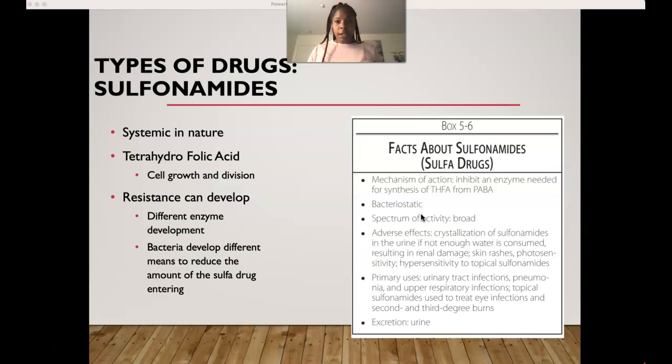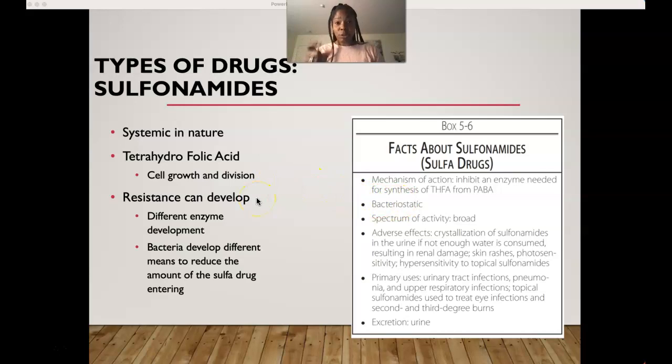The sulfa drugs are interesting. So they're very much like your macrolides and your tetracycline drugs, in that they act indirectly. So they aren't directly destroying the cell wall. What they do is they inhibit one of the key enzymes that's needed for the synthesis of what's called tetrahydrofolic acid, or for short THFA, right?